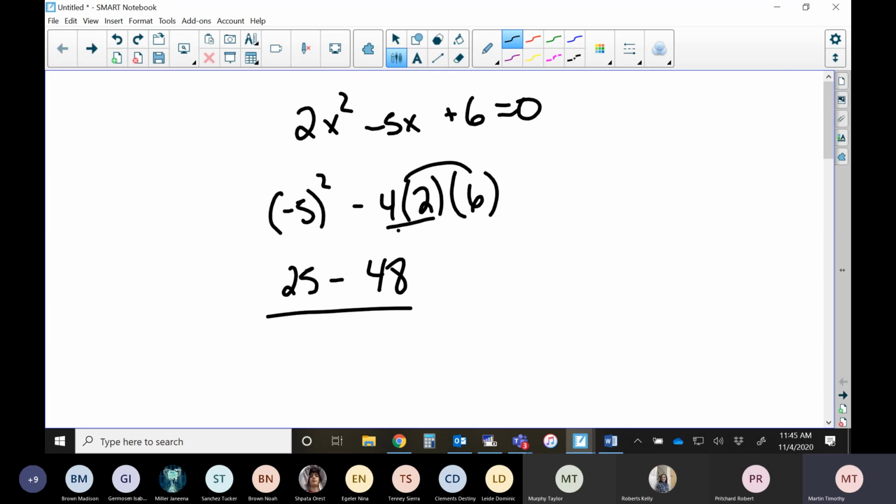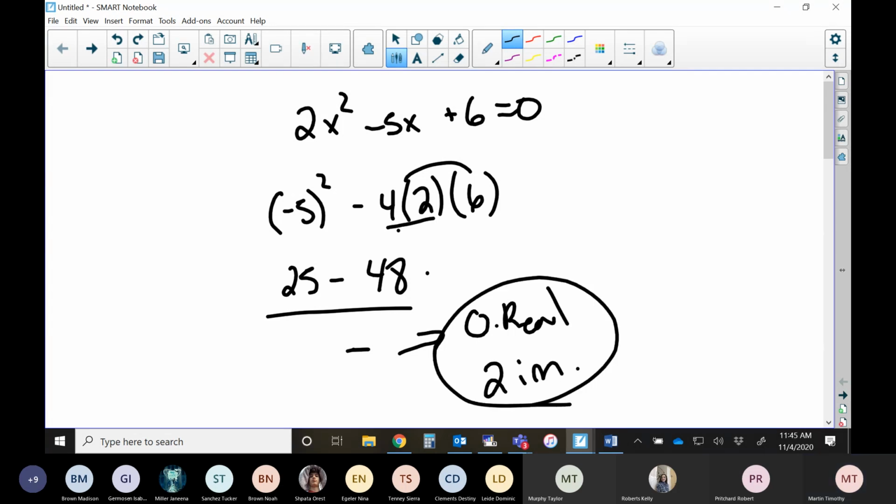Like the exact answer? No, you just care if it's negative or positive or 0. And so I know this is going to kick out a negative, which means to me I have 0 real answers and I'm going to have 2 imaginaries. Because underneath my radical, I'm going to end up with a negative, which as soon as I do is going to kick me to the i's, which is imaginary numbers.